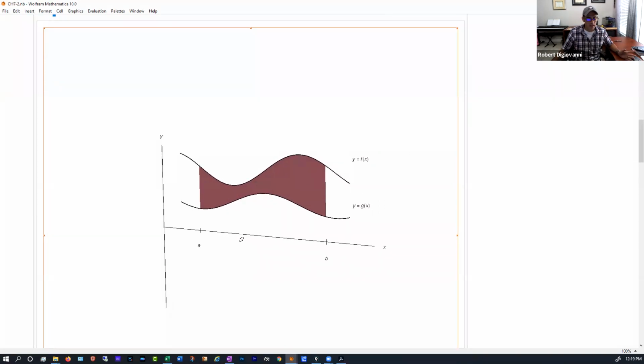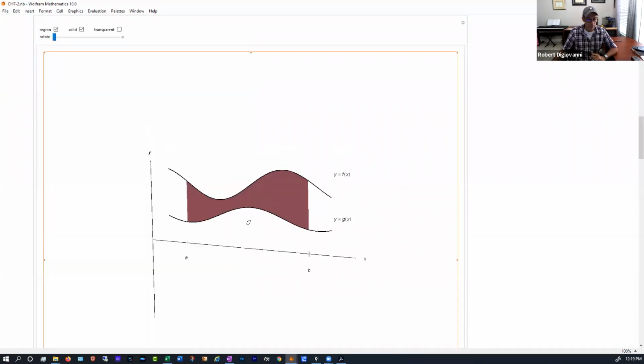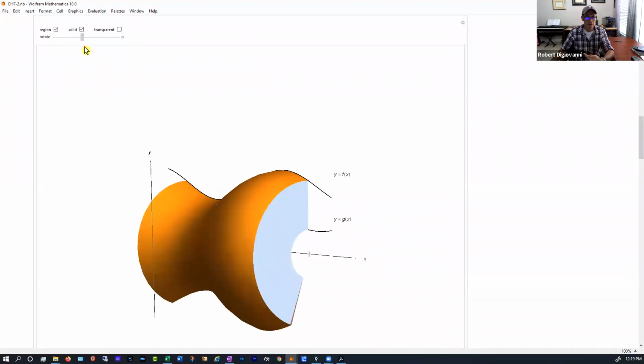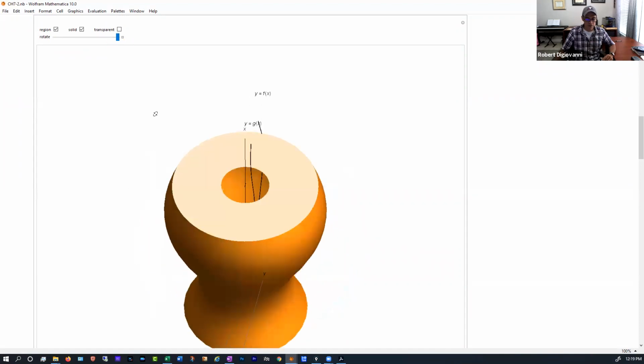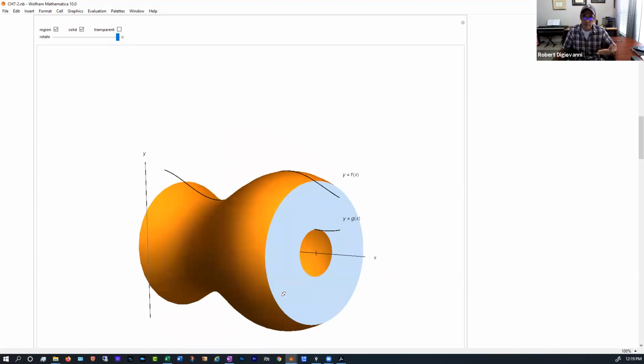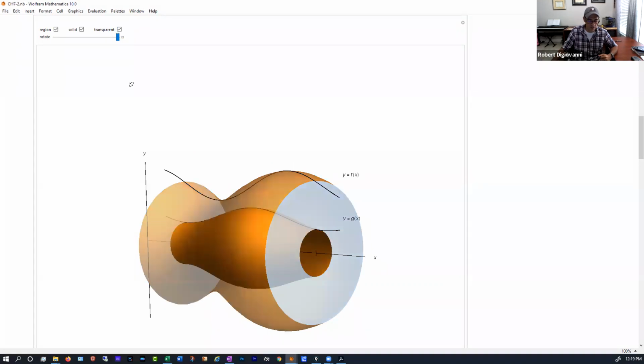If we were to take this region and begin to rotate it around the x-axis, I'm kind of tracing out a solid object and going all the way back to the other side. I now have a three-dimensional solid, don't I? And this solid has a volume to it. I'm going to make it somewhat transparent so that you can see through.